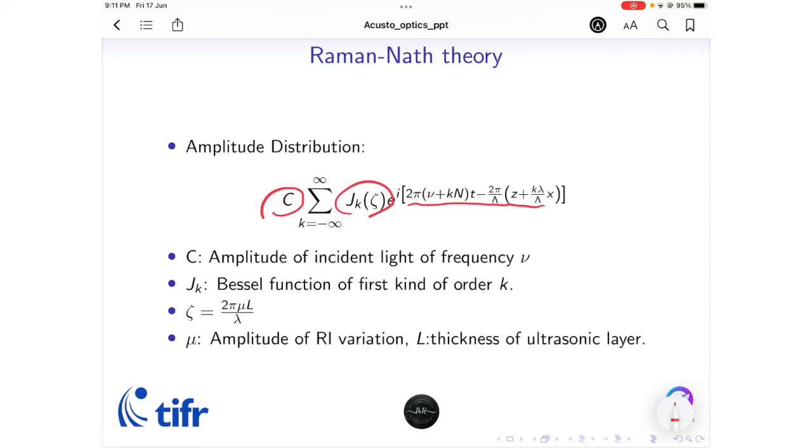Here we have a parameter zeta, defined as 2 pi mu L by lambda. L is the thickness of the acoustic layer, and lambda is the wavelength of the optical wave, meaning electromagnetic wave. So the amplitude distribution is given by this, but the intensity is just the square of this Bessel function of order k.